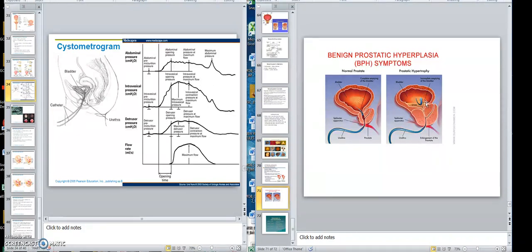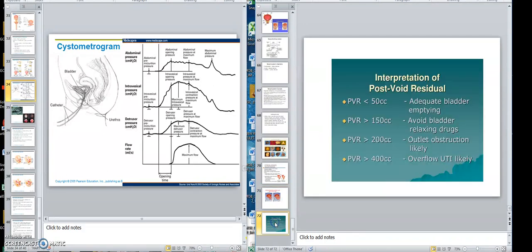Now, I said after the person voids, there will still be urine there. So we come to this drawing here, what we call the post-void residual. This is how we would determine it, in both man or woman. We would say in the office, go and urinate, urinate everything out you have.